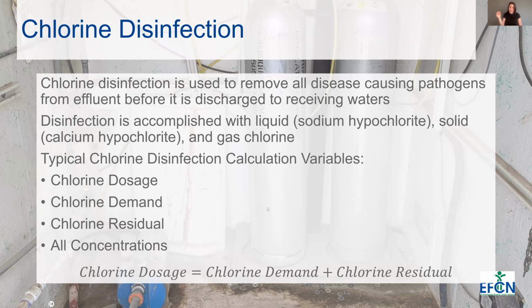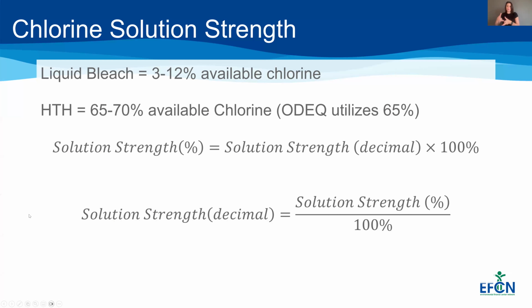Typical variables for disinfection may be chlorine dosage, chlorine demand, and chlorine residual, and these are all concentrations. A simple calculation to remember is that chlorine dosage is equal to chlorine demand plus chlorine residual.